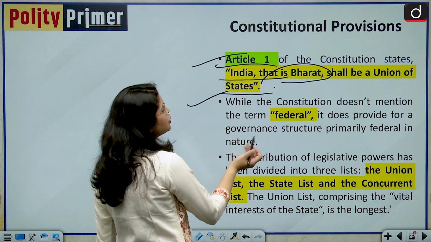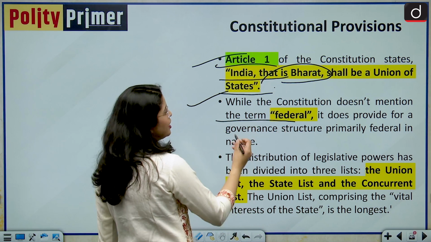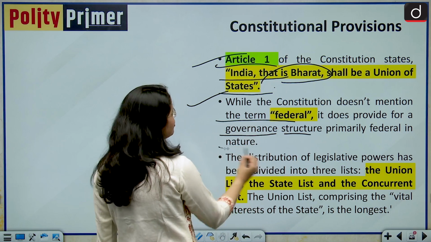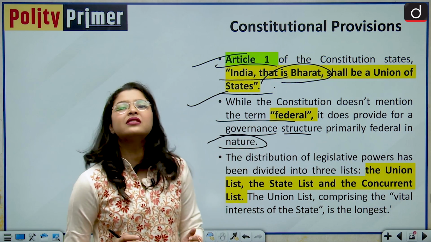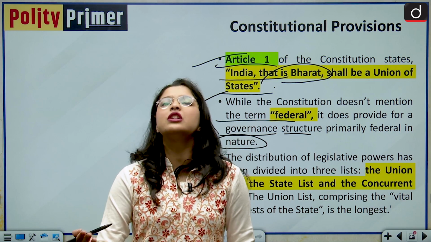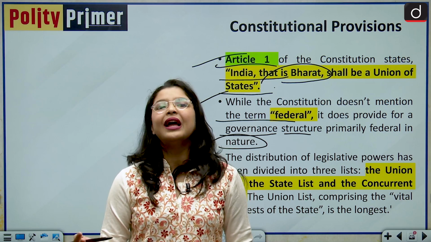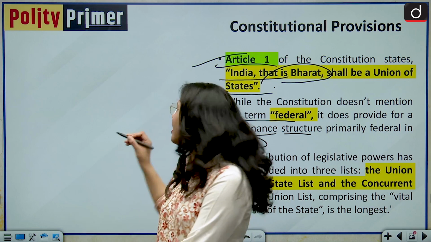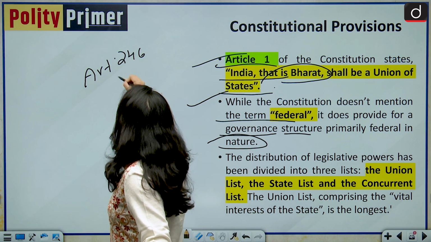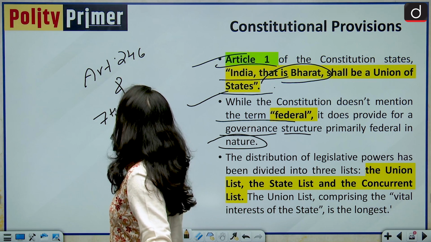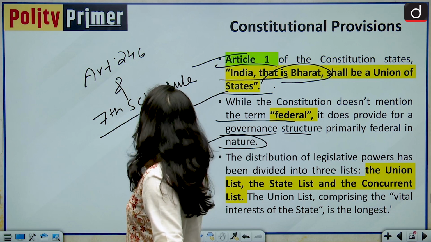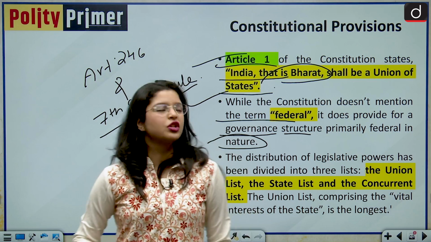While the Constitution doesn't mention the term federal, it does provide for a governance structure primarily federal in nature, but it has a tilt towards unitary bias or a central authority, and that is visible under Article 246 and Schedule 7 of our Indian Constitution.